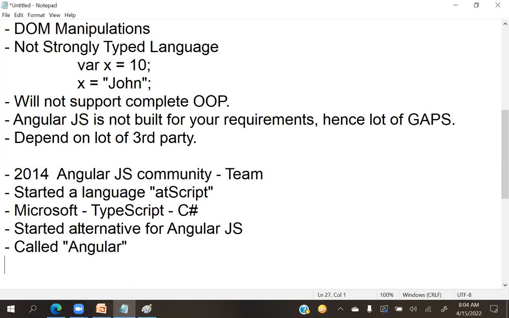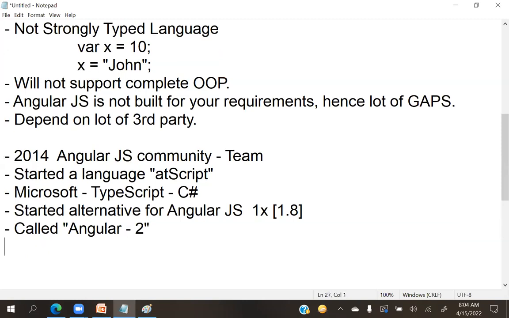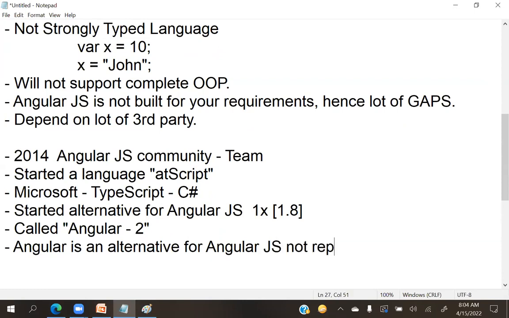They completely reconstructed this technology. The previous version, AngularJS, was the 1.x version, the last being 1.8. The new Angular version started as Angular 2. And remember, Angular is an alternative for AngularJS, not a replacement.